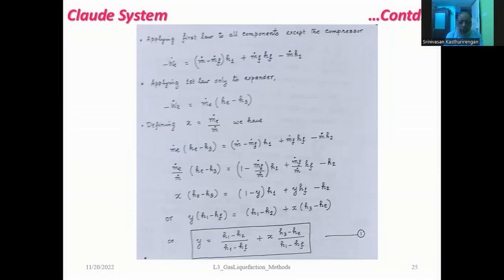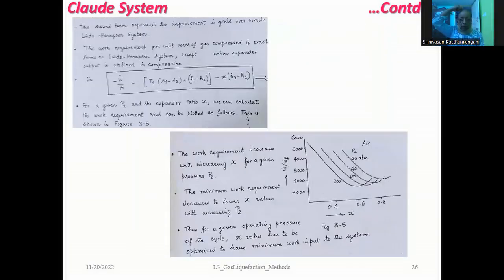So some fraction of the energy of the gas is lowered by doing this external work by the gas in the expansion engine, and therefore yield is increased because of this expansion process. So the second term represents the increase in the yield due to the expansion process. The second term represents the improvement on yield over the simple Linde-Hampson system.